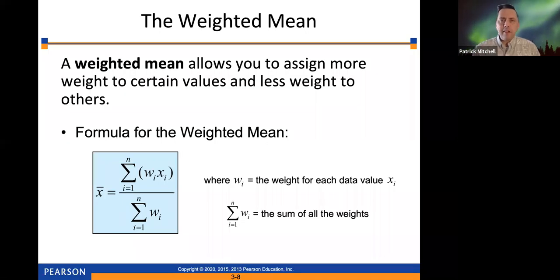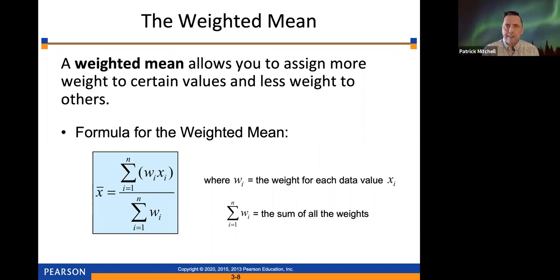All right, that brings us to the weighted mean. A weighted mean allows you to assign more weight to certain values and less weight to others. So the example that I always think of is your GPA. When you're taking a few classes and they're not all worth the same number of units, your grade in a 4-unit class would count more than your grade in a 3-unit class.